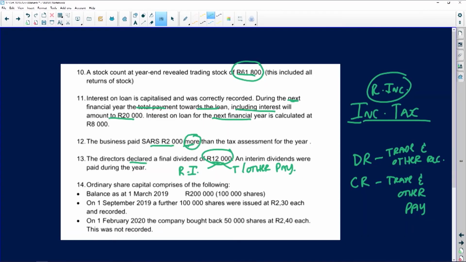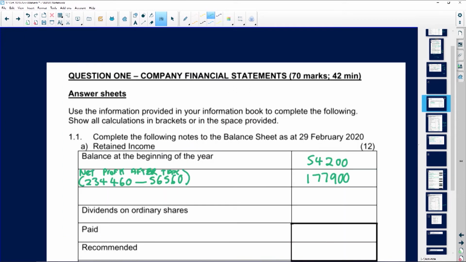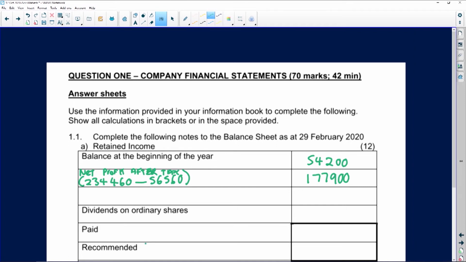So please guys, it's easy marks, and we find when we're marking, students often leave out trade and other payables. So please don't do that. Right, so that 12,000, before we go to trade and other payables, let's go to retained income first. So let me quickly find retained income. There we go. So dividends on ordinary shares, remember recommended is always your final dividend, and it was an amount of 12,000.